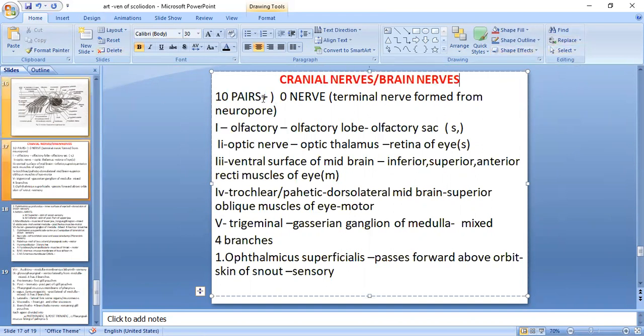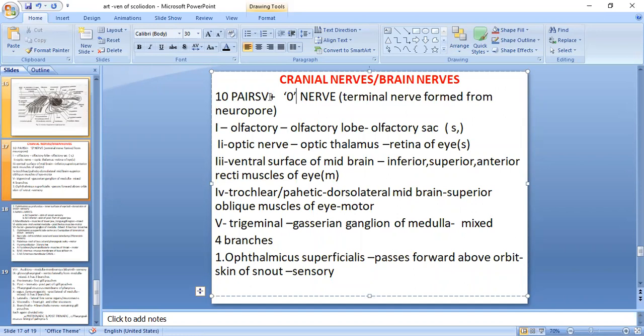There are actually 10 pairs of cranial nerves, but a zero nerve has also been added recently, because it was identified very recently, long after the identification of the first 10 pairs.